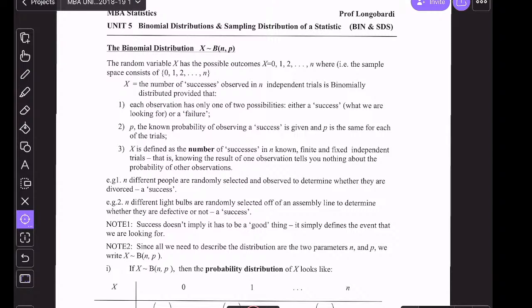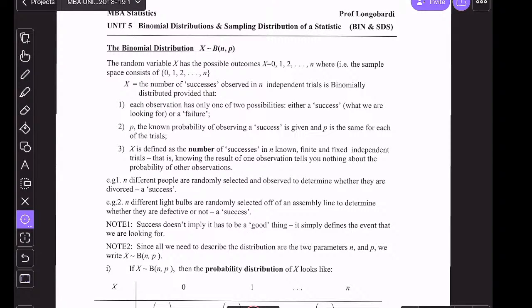So before I get into this, I'm actually going to give you an exercise. I'm not sure if I posted it on Moodle, on determining whether a scenario is binomial, whether the variable is binomial. Okay, so I'm going to put that up, and then I'm going to give you some time to try it, like maybe 10 or 15 minutes. Okay, so let me find that.